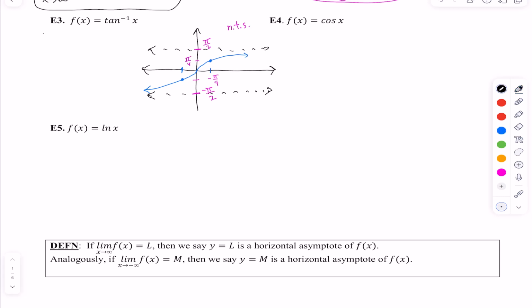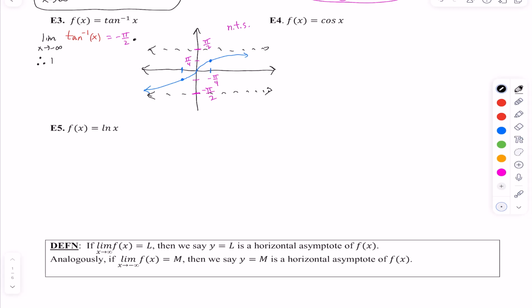Once again, we're going to observe the end behaviors by looking at the limits of the function. Let's look at the limit as x approaches negative infinity. What happens to the corresponding output values? This one is approaching negative pi over 2. What can we conclude?